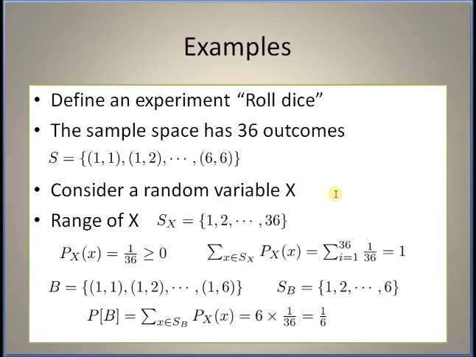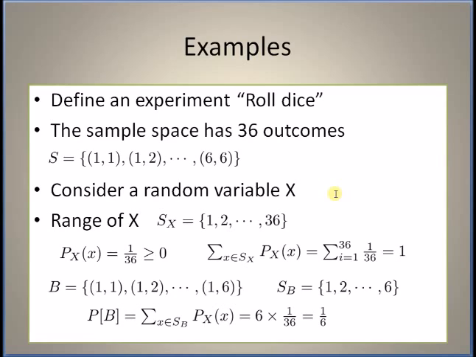So consider our experiment: roll a die twice, see the 2 outcomes and note the values. The sample space consists of 36 possible outcomes, that is from (1,1), (1,2) to (6,6). So there are 36 outcomes. Now consider a random variable X, whose range is Sx, and where we assign countable numbers from 1 to 36 to each of the possible outcomes in the sample space.